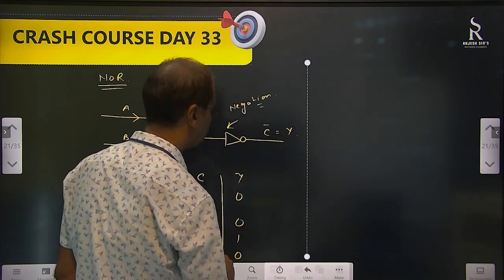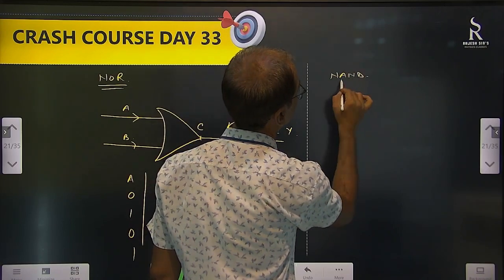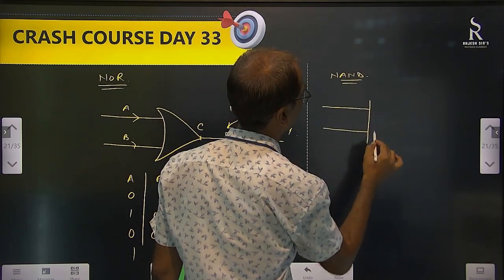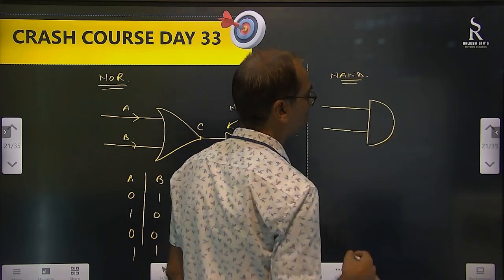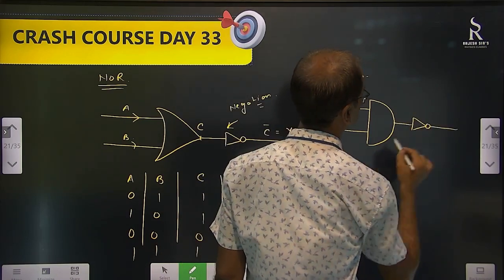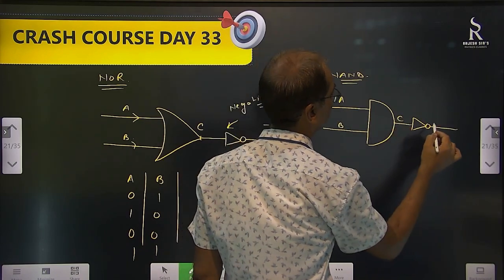Same way we can make NAND: AND connected with NOT. So NAND is here. Either you can put a circle over here or you make it separately. This is A, this is B, this is C, and this is C dash.